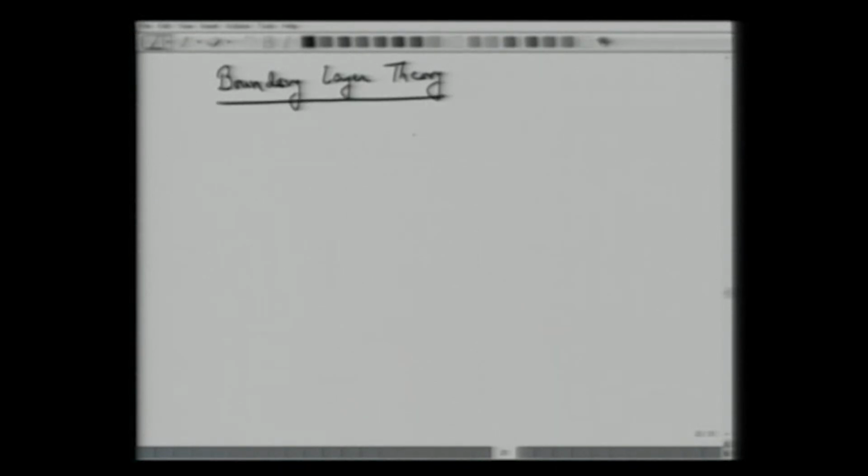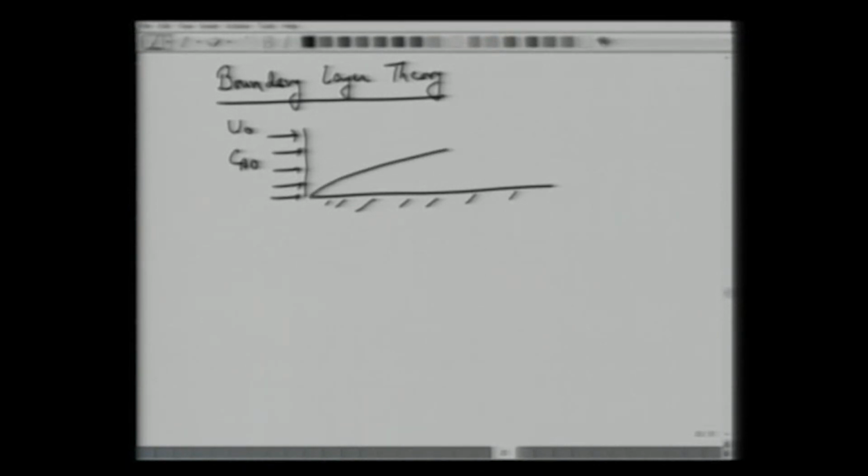So in boundary layer theory, you have a solid surface, and it is approached by fluid, say at constant velocity u0, and maybe it has some concentration Cs0. If you recall from your momentum boundary layer theories, there is a thin momentum boundary layer in which the velocity profile changes from no-slip zero velocity to the bulk velocity, which is u0.